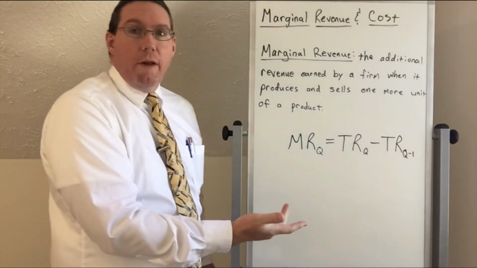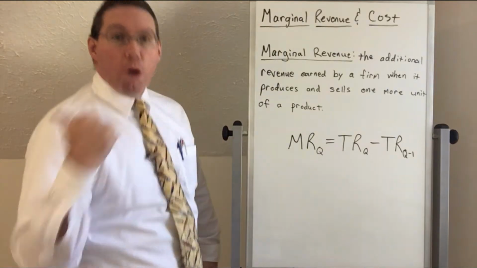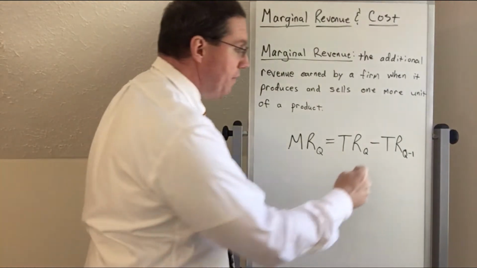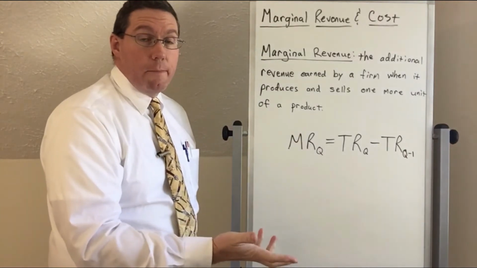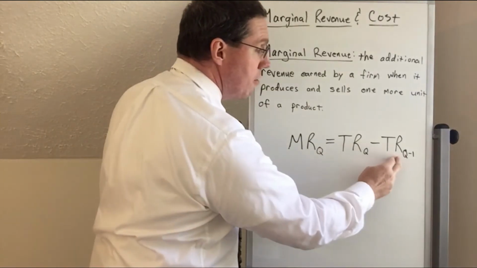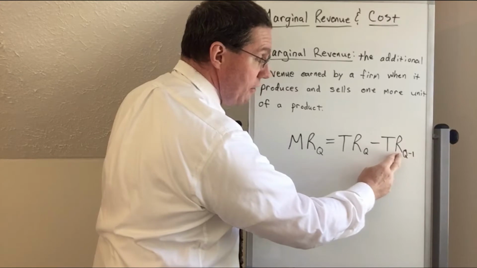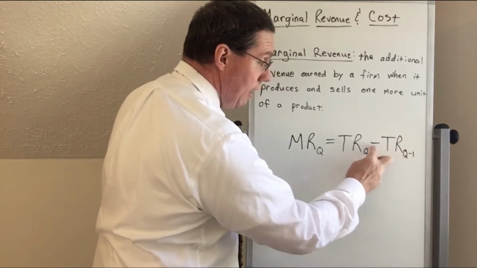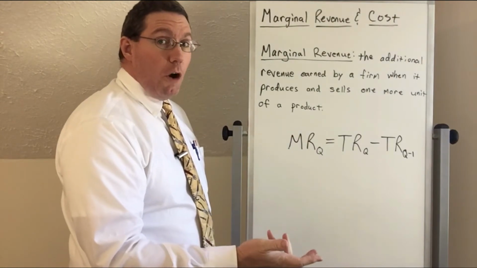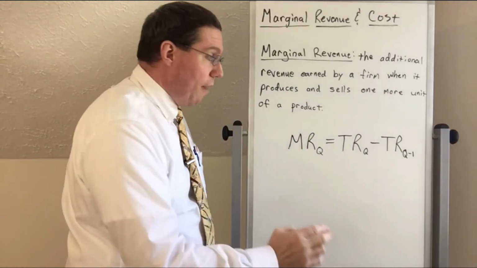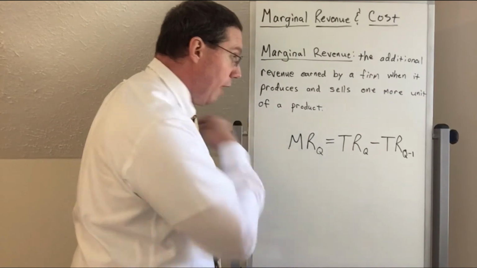Well, what does Q minus 1 mean? Q minus 1 means the previous unit. Well, what's the previous unit to the 30th unit? Well, 30 minus 1 is the 29th unit. So whatever the total revenue was for selling 29 of them, if you subtract that from the total revenue for selling 30 of them, what you have left over is just the total revenue for the 30th unit.